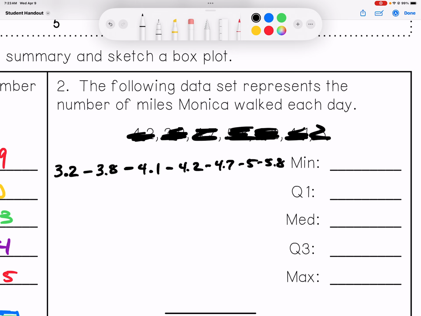All right, find the median. Let's go ahead and do the minimum first, since we can do that one pretty easily. Minimum is 3.2. Maximum is 5.8. All right, now let's find the median. Middle number is 4.2.